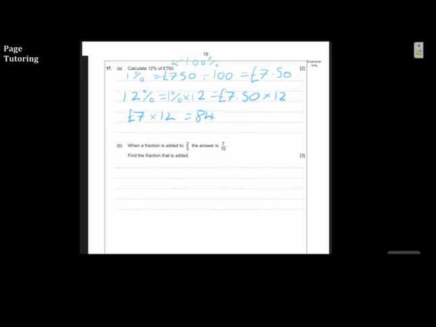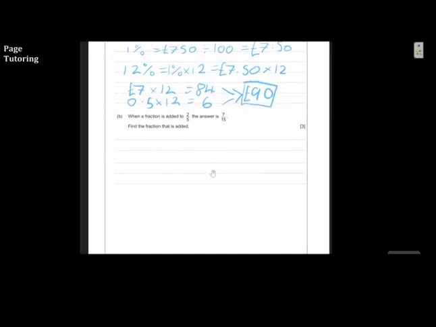And I know 2 times 12 is 24, so I just added them together. So then what's 0.5 times 12? Well, 0.5 times something is the same as dividing by 2. You're asking what's half of 12, so that's just 6. So then this will give you a total of £90. And that's your final answer.